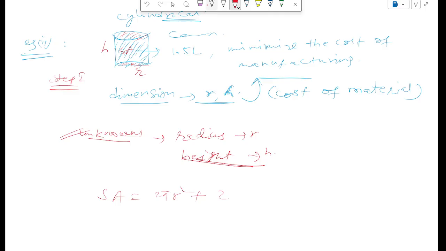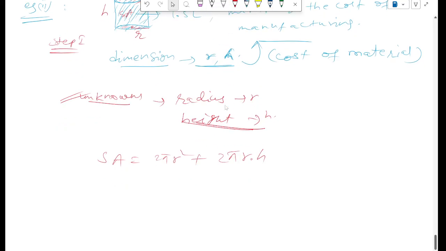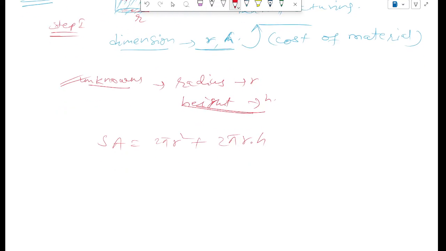Curved surface area will be 2 pi r into h. This is the surface area of a cylinder, by the way, a very standard formula. Let's call it S, so S equals 2 pi r square plus 2 pi r h.